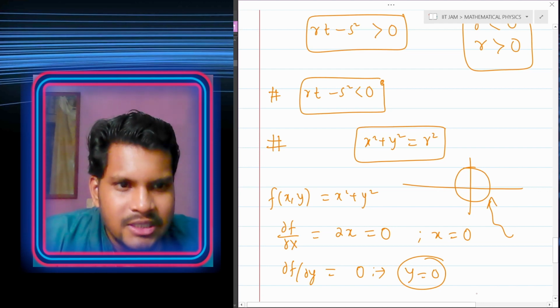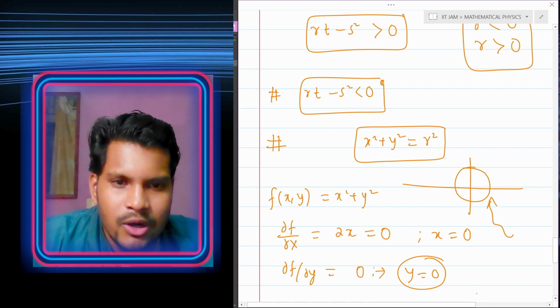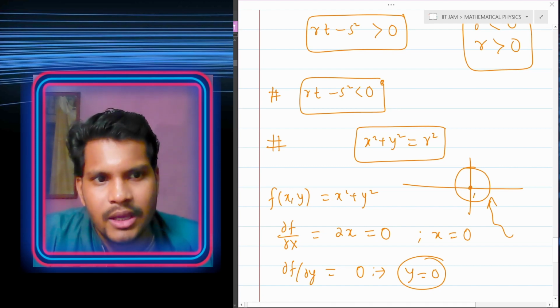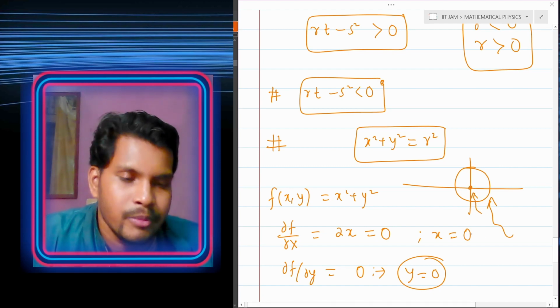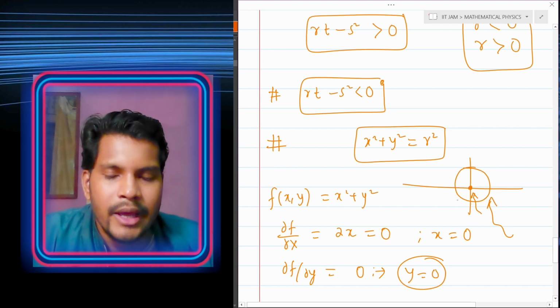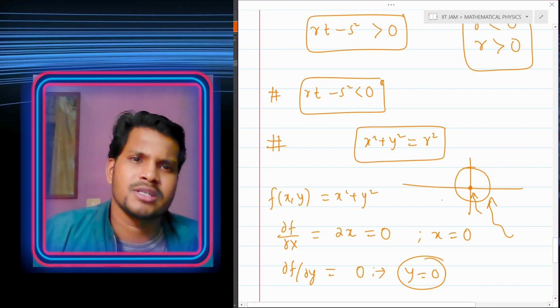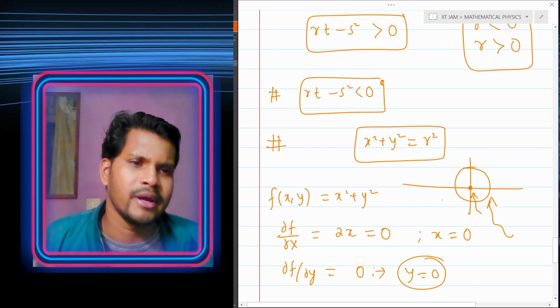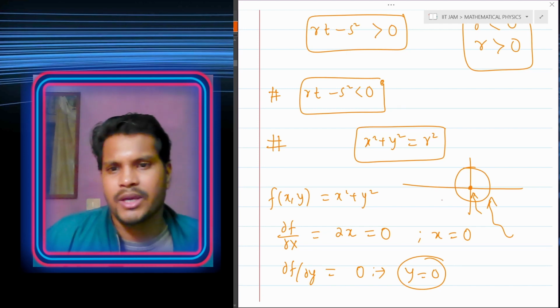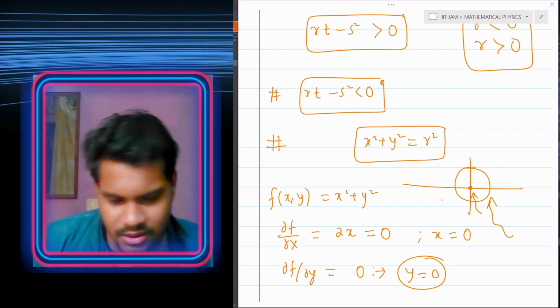So using this recipe, we can understand what could be the minima, and here the minima just exists over here, and there is no other maxima at any other point because we don't have any other point. So from here everything will look like the minimum. So this is the recipe to find out the extremum of certain functions, and from there we can understand a lot of things.